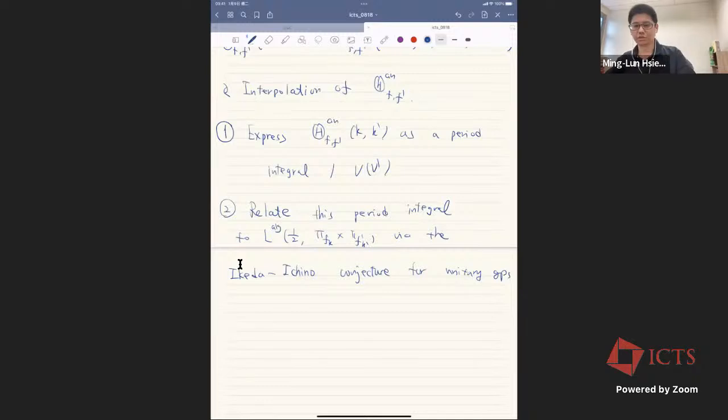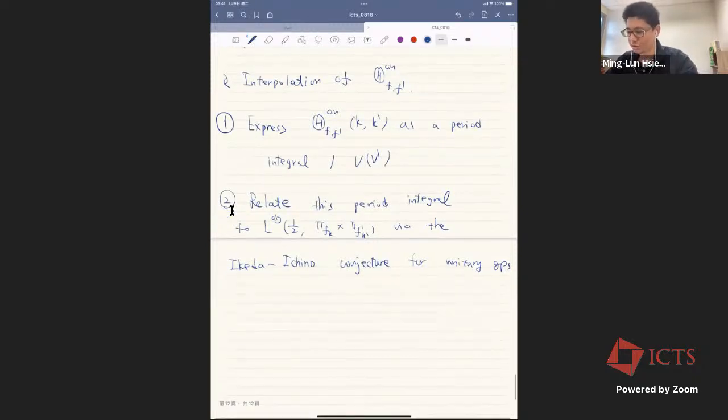So actually, we need the Ikeda-Ichino conjecture for cuspidal tempered representations on unitary groups, which has been established by the work of Beuzart-Plessis, Yifeng Liu, Wei Zhang and Xinwen Zhu for the stable case, and also Beuzart-Plessis and Chaudouard and Zydor for the remaining endoscopic case.